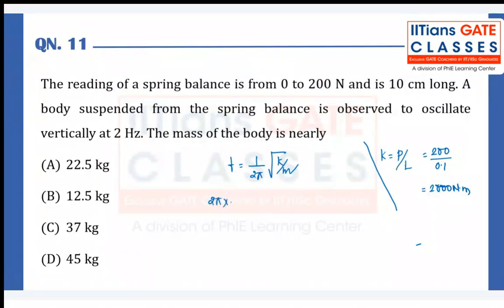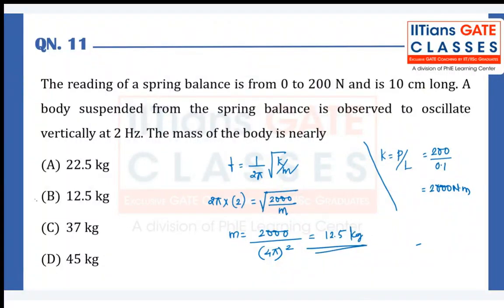So 2 pi into frequency, which is 2 hertz, is equal to under root of k by m. K is 2000 divided by m. So m can be written as 2000 divided by 4 pi bracket square. So this will give us close to 12.5 kg. Hence option B is correct in this case.